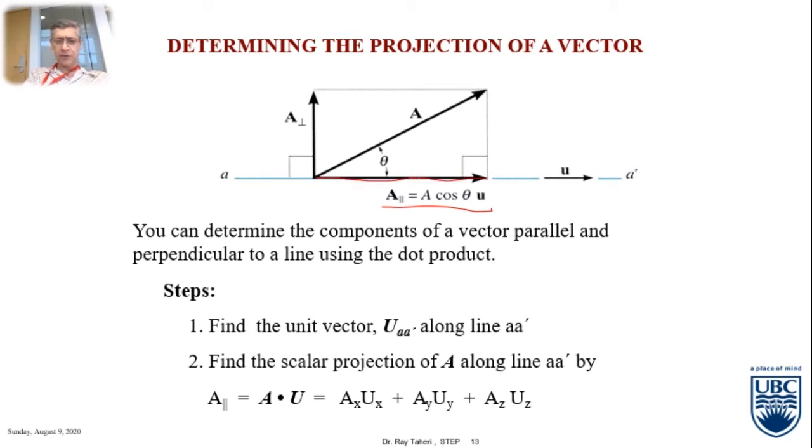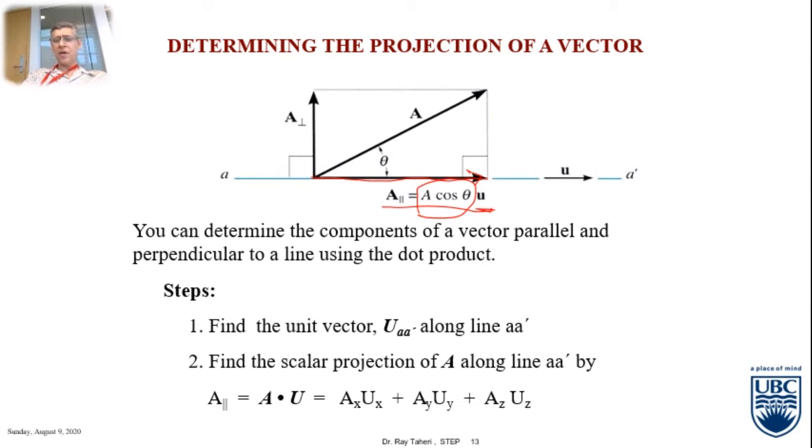This is the magnitude that we talk about. But of course, if you want to find the vector, you have to find the unit vector of A prime, which is U. And this is called the parallel projection.